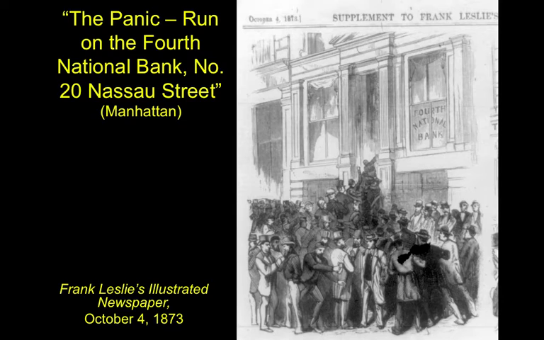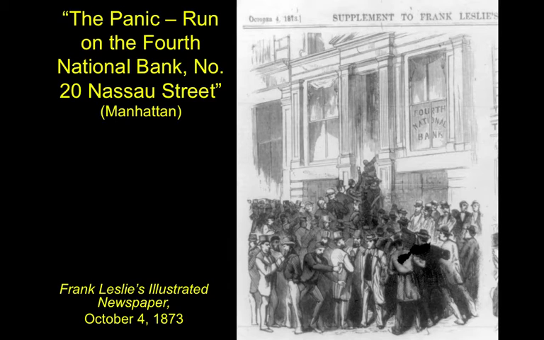The final nail in Reconstruction's coffin came during the election of 1876. Though Democrat Samuel Tilden received more popular and electoral votes than Republican Rutherford B. Hayes in the first count for the presidency, 20 electoral votes remained in question.